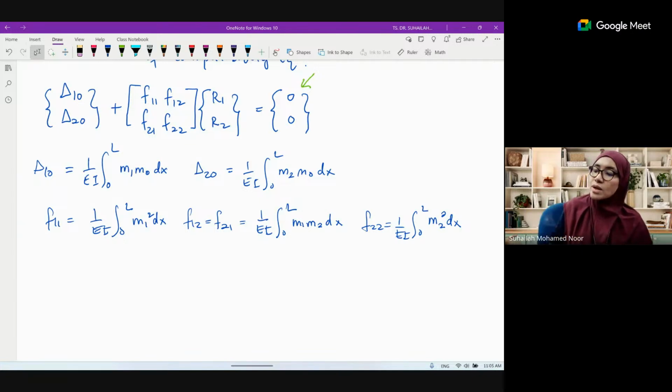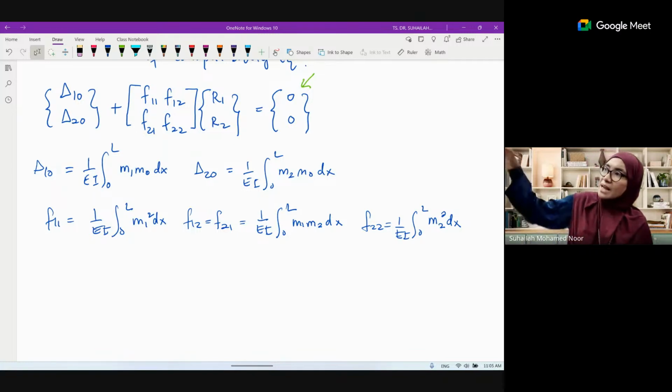The redundant structure has the same characteristic as the virtual system: a system subjected to a unit value only, nothing else. In the virtual system we only have a unit value, so it is the same with the redundant system. Only it has the subscript of redundant, BY and CY.